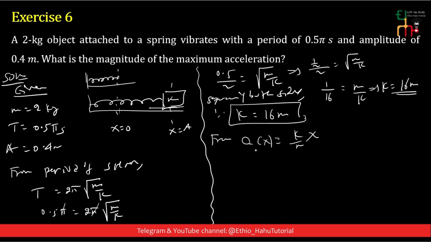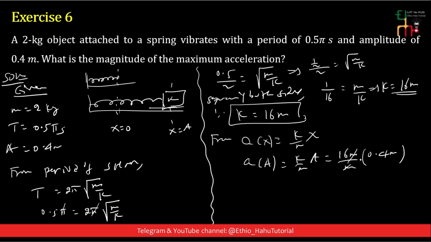At the maximum position of the block, the acceleration at maximum amplitude is k over m times a. K is 16m divided by m times the amplitude 0.4 meter.